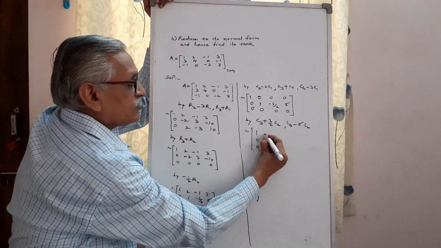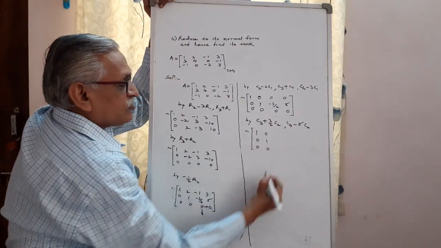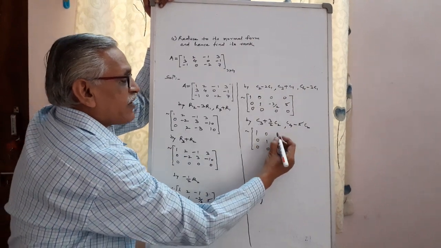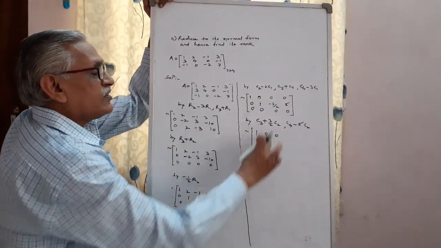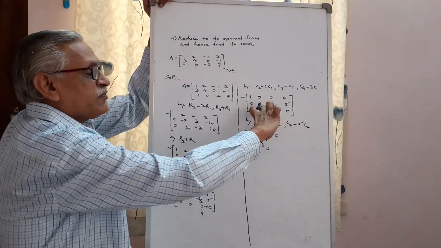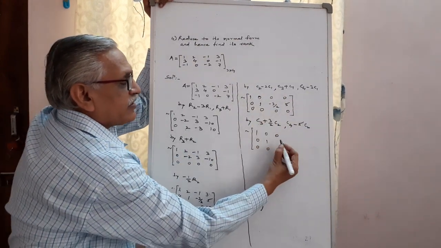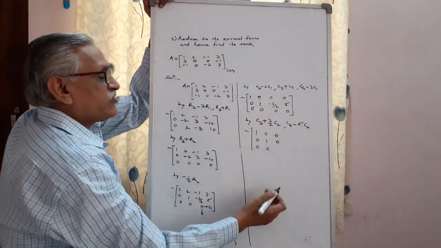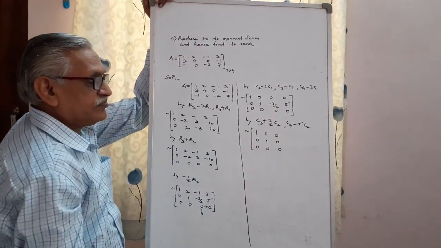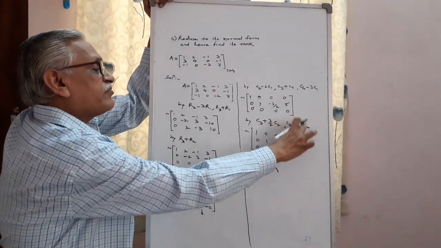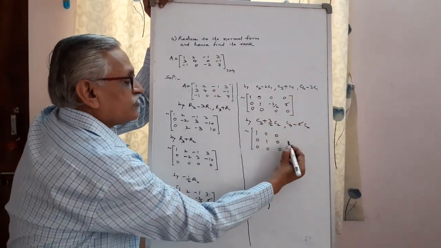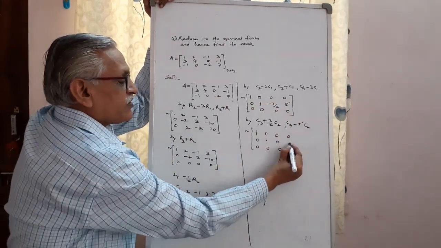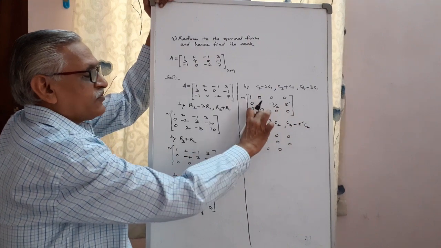Second also no change: 0 1 0. Applying this: 0 plus 3 by 2 times 0, minus 3 by 2 plus 3 by 2 times 1 is 0, 0 plus 3 by 2 times 0. Then 0 minus 5 times 0, 5 minus 5 times 1 is 0, and 0 minus 5 times 0.